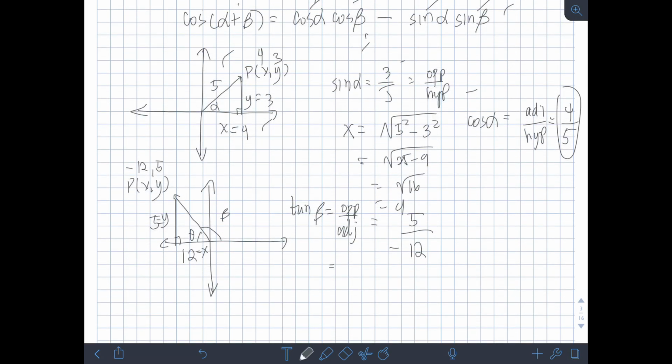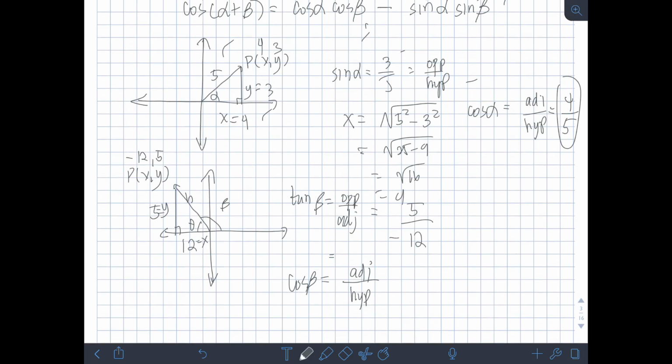Solve natin si cosine beta. So, si cosine beta is equal siya sa adjacent over hypotenuse. So, wala pa pala tayong hypotenuse. Pero masasolve natin siya using Pythagorean. So, hypotenuse is equal to square root nung x squared plus y squared. So, we have 12 squared plus 5 squared.